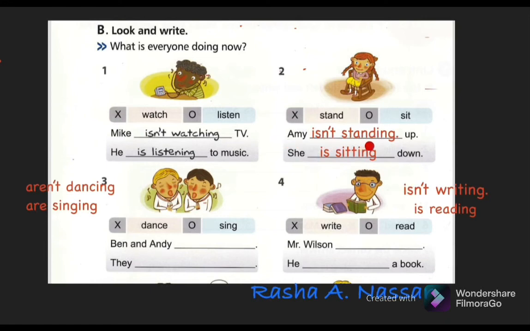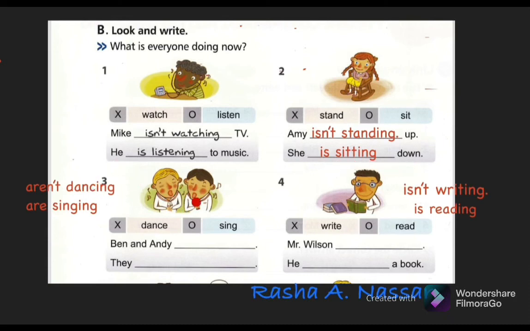Amy isn't standing up. This is in the negative form. She is sitting down. This is in the affirmative form. So negative is isn't plus verb plus ing, and the affirmative is with verb to be, is, plus verb plus ing. So she is sitting down.